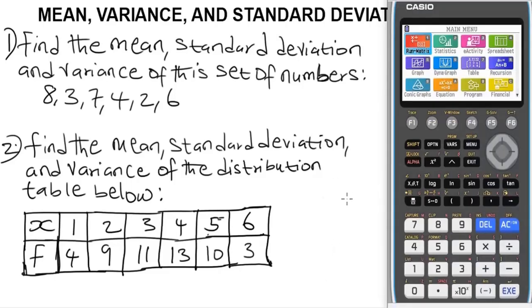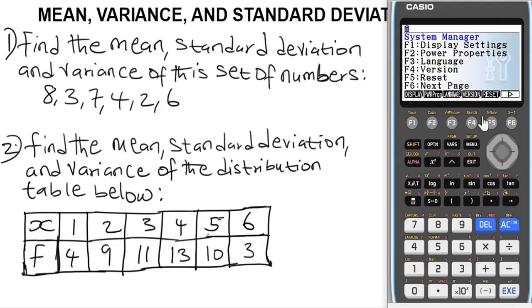So this is the Casio fx-CG50 graphical scientific calculator. The very first thing you have to do is to reset it. The essence of resetting it is to wipe out whatever previous value you might have stored on the calculator. To quickly reset it, navigate to System using the navigation button and press execute. When you get here, press F5 for reset, then F6 for next page.